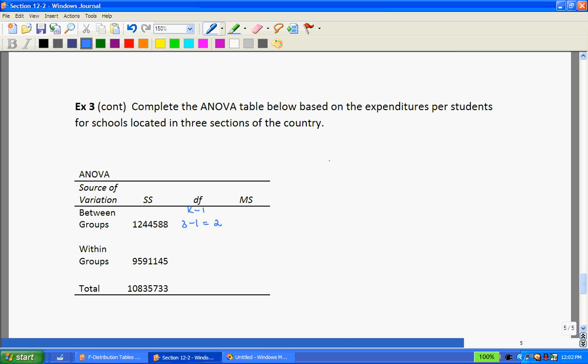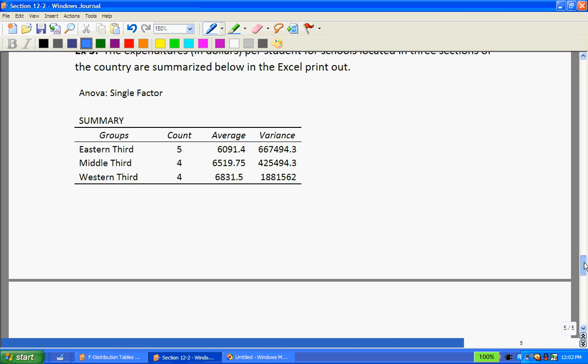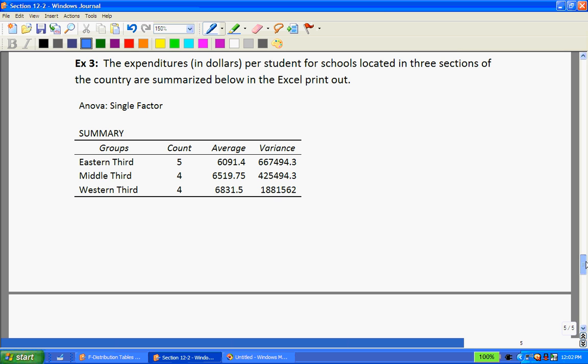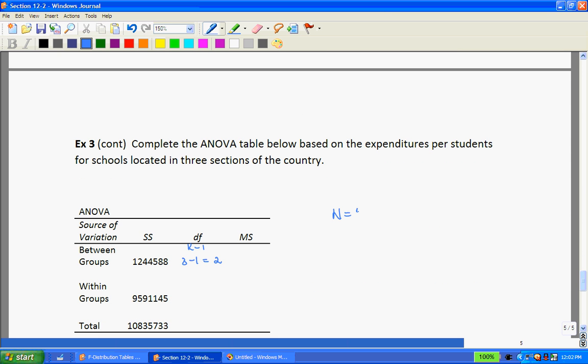Then for within, for capital N, we add the size of the sample for each group. So that would be 5 plus 4 plus 4, or 13. To get the degrees of freedom, that is N minus K. That's 13 minus 3, not the previous degrees of freedom, but the number of categories. So that would be 10.